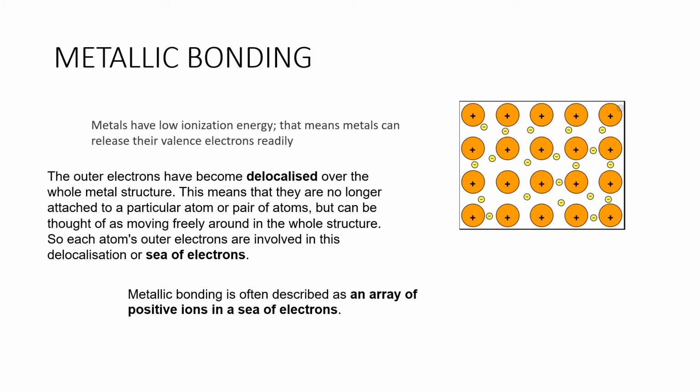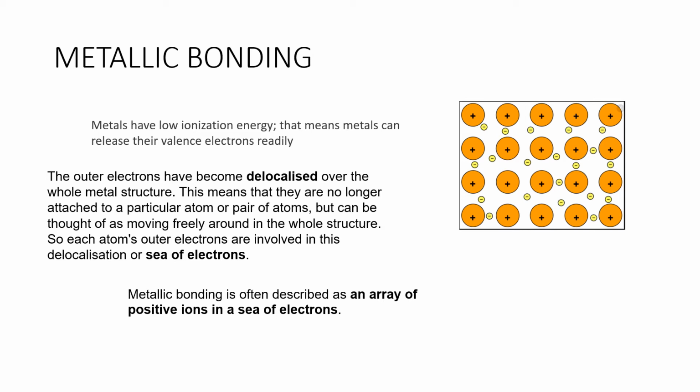So the electron is mobile, or we can say delocalized, not in one local place, but moving around. And because the electrons are many, we say it is a sea of electrons.